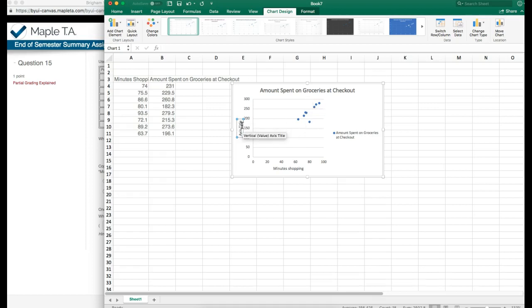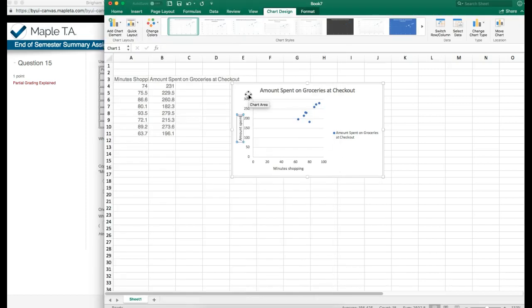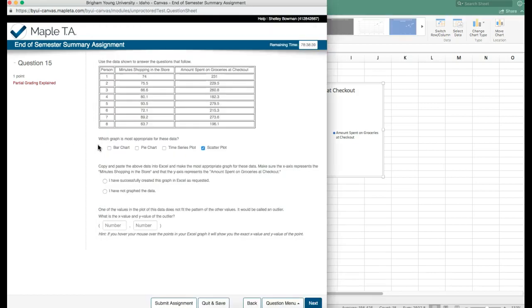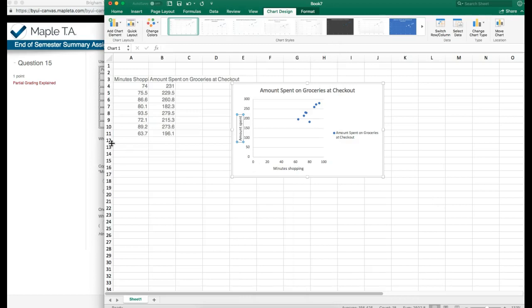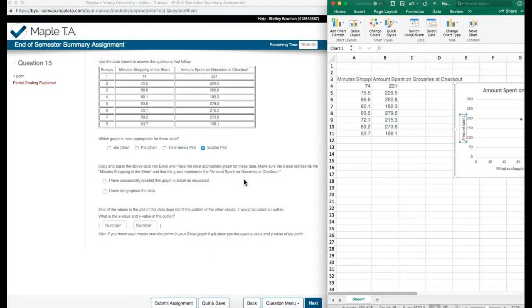So this we're going to delete here and put amount spent on groceries. There we go. And verify that minutes is the x-axis and the y-axis is the amount spent on groceries. So that looks great. Now I'll move this over a little bit so that we can see more of Canvas again, or Maple TA. Okay, I have successfully graphed this.